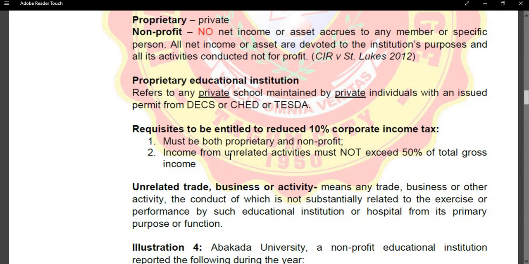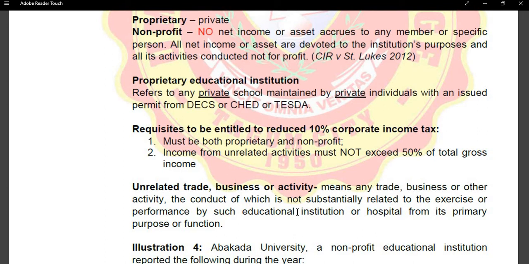So, what does it mean by unrelated activities? Unrelated trade, business, or activity means any trade, business, or other activity, the conduct of which is not substantially related to the exercise or performance by such educational institution or hospital of its primary purpose or function.